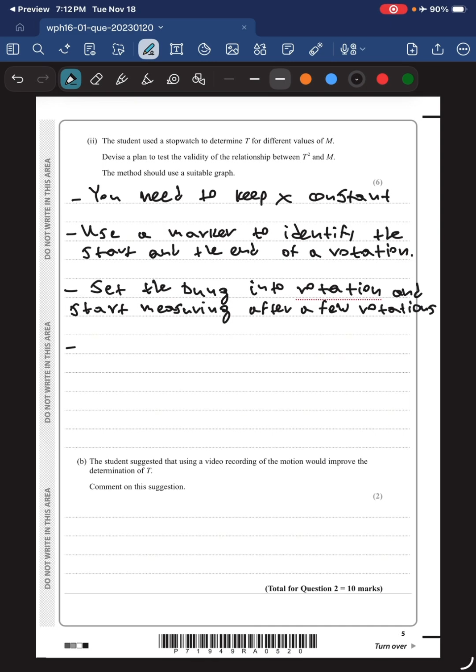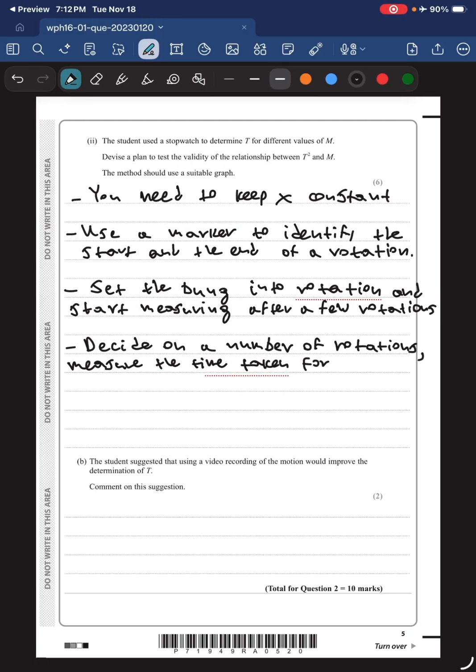Decide on a number of rotations, measure the time taken for the rotations, and divide by that number to find t.